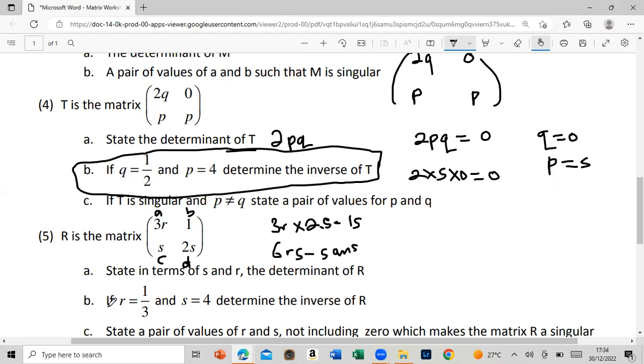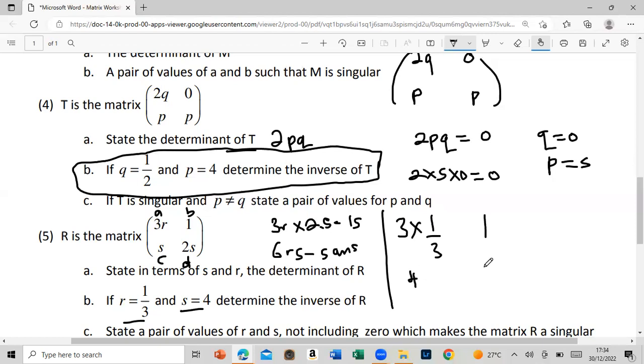All right, it says if R is equal to 1/3 and S is equal to 4, determine the inverse. This again. So it's 3. Guys, why a different type of question? It's different years, so don't worry about it. So 1 goes here, and then you have S of 4, so that'll be 4.